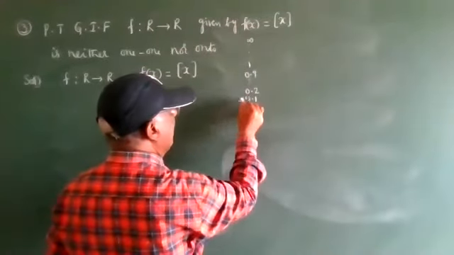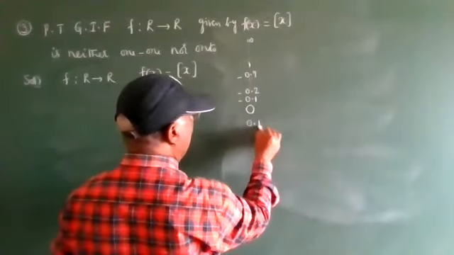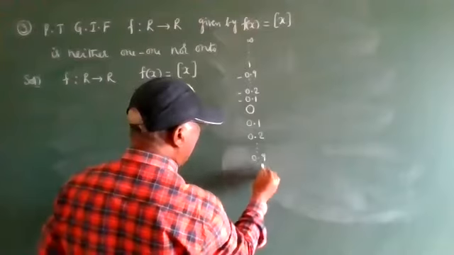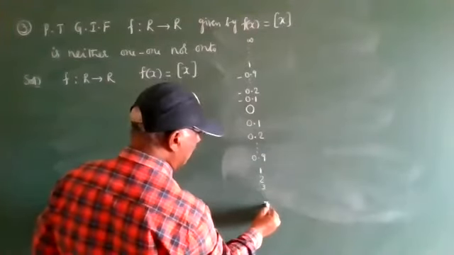This side is the negative side. Next, 1, 2, 3, up to infinity.